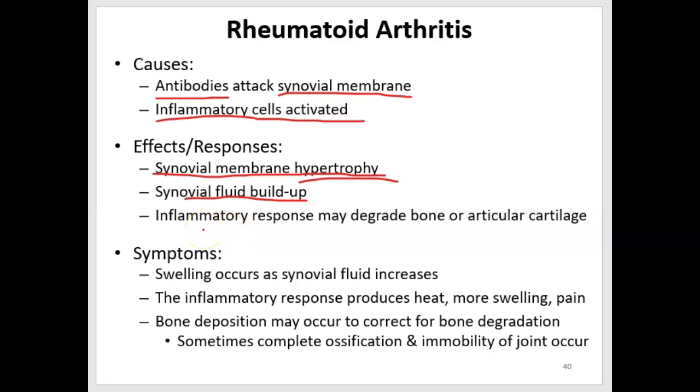Now, some of those inflammatory cells that have been activated are also macrophages, and they will come in and try to clean up any debris. When they do that, they aren't very regulated. They could degrade some bone or some articular cartilage, not just broken debris. So the symptoms are swelling.